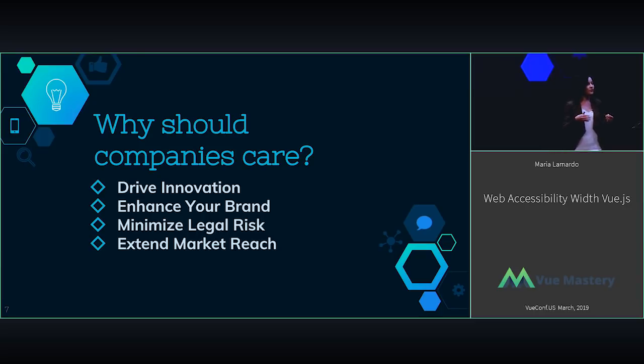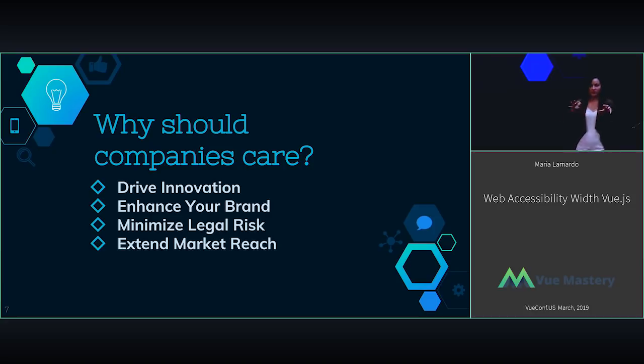You can minimize legal risks, as more and more companies have been getting into legal problems for not creating accessible apps for their users. And you can, of course, expand your market reach as it increases your SEO, therefore increasing your potential number of users, and you can use it across many settings, and the potential use and usability of your applications are just better.